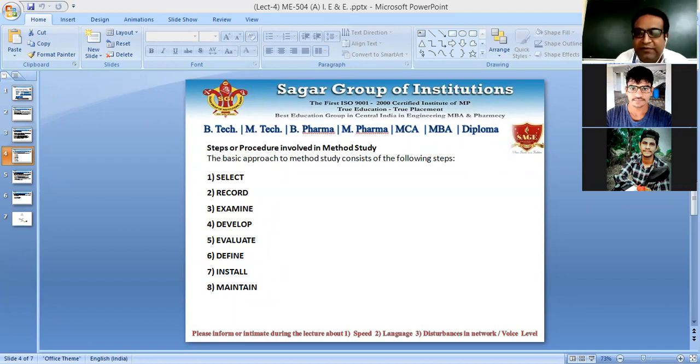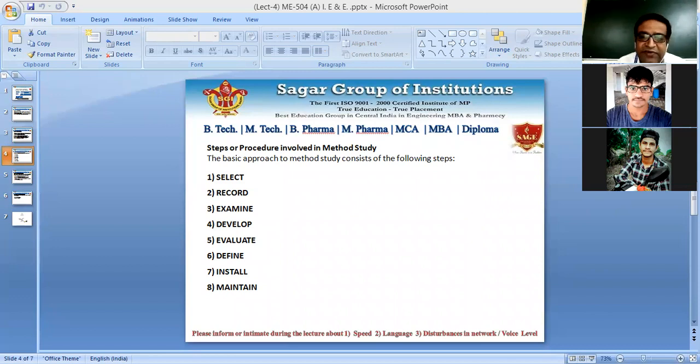Then we have to examine the critical facts and the techniques being used for a particular method. जो existing method है उसके facts और जो critical चीजें हुई हैं जिसके कारण we are bound to apply the method study. So these things and the techniques being used for the particular method, we have to see.